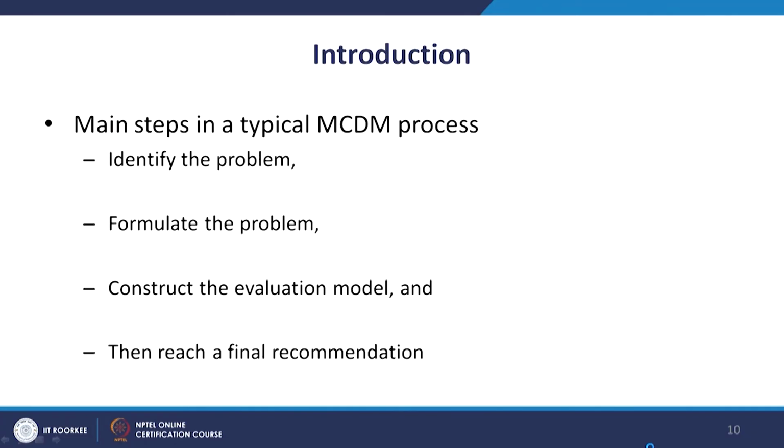The next one is to construct the evaluation model, the model that is going to be used to evaluate the alternatives with respect to the criteria that we might have. And the final step is to reach a final recommendation, that is, how we are going to arrive at the consensus. These are the four main steps, and each of them can have several sub steps. Let us discuss them one by one.